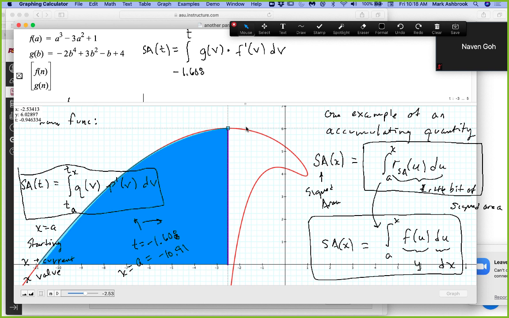All right, whatever. So let's just go to this point. This would be the signed area of t right here, negative 0.946, which is the maximum value of the function.